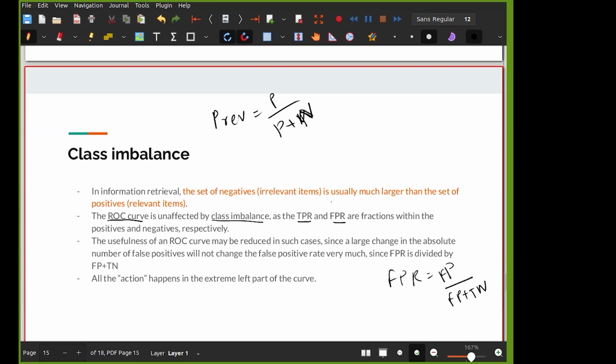Now, since the total negatives is much larger, let's rewrite it in a different way. I divide by FP throughout, so what I'll get is 1 by 1 plus TN by FP. Now the thing is, very large changes in the absolute number of false positives don't really change my false positive rate. Anyways, the point is ROC curve is not affected by class imbalance, and it's actually a bad thing.